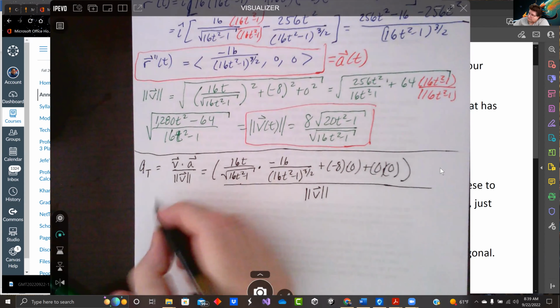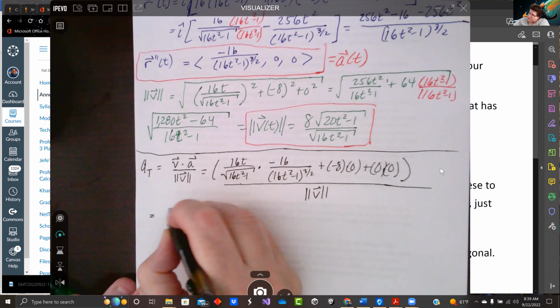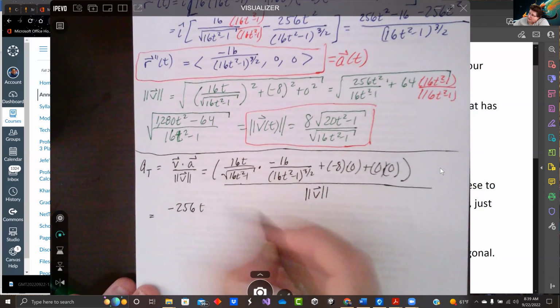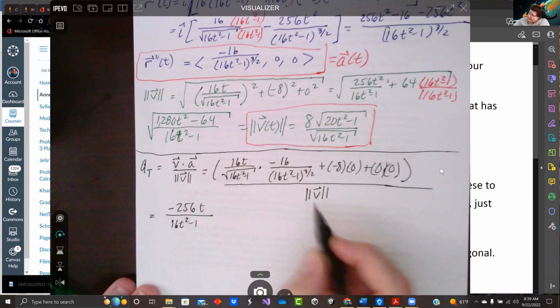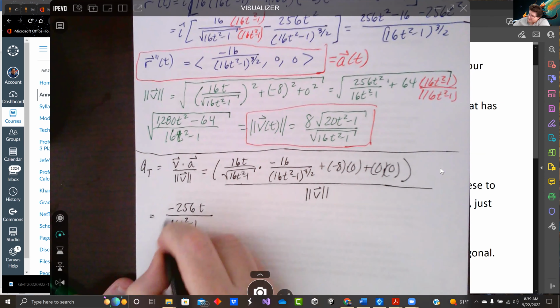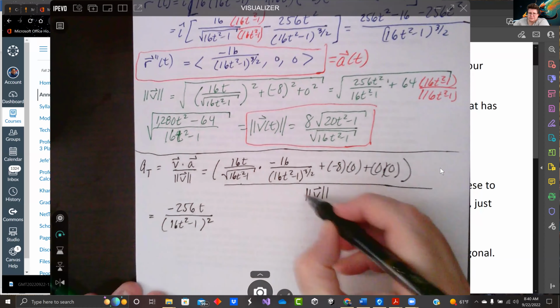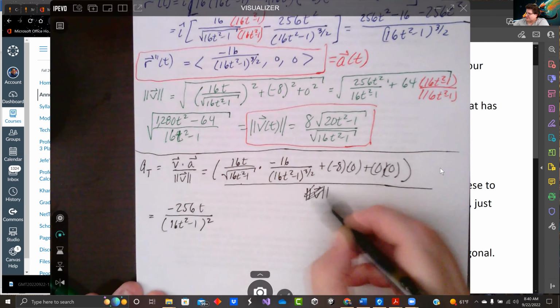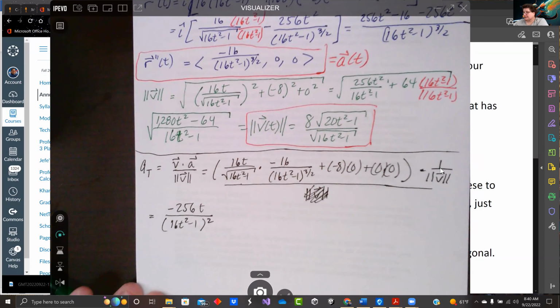So 16 times negative 16, I got negative 256t over 16t squared minus 1. I've got 1/2 and 3 halves. That just adds up to a squared. And dividing by the magnitude of v is the same as multiplying by 1 over v, so multiplying by the reciprocal of v.